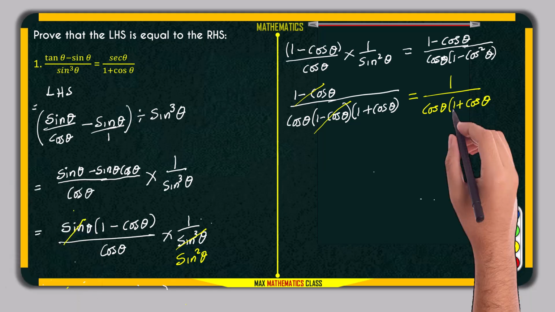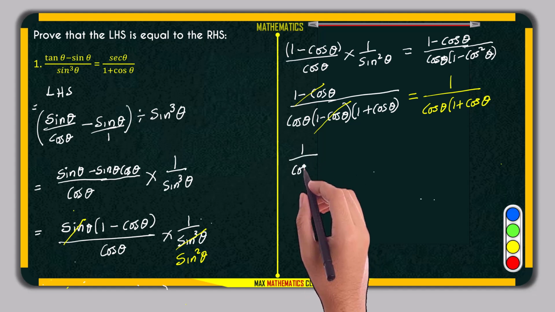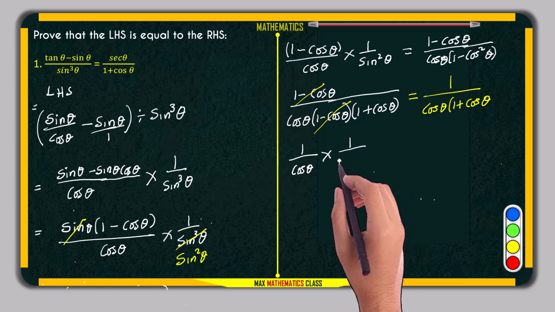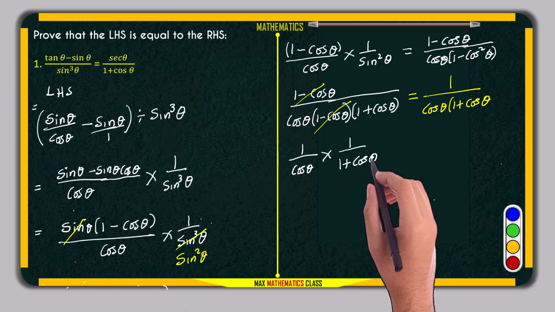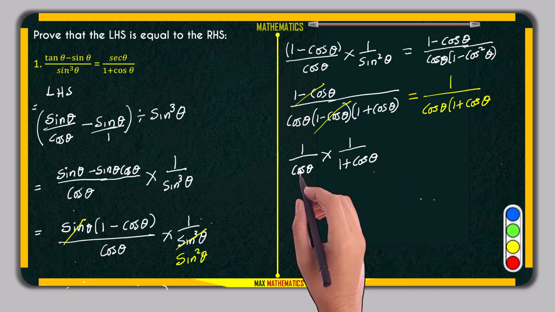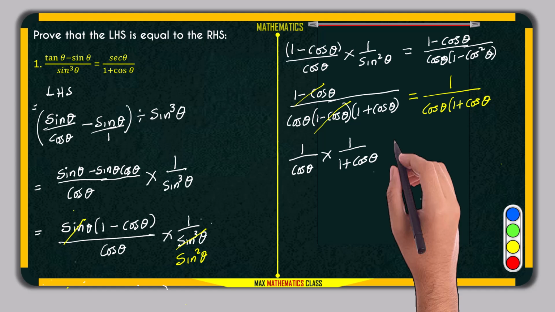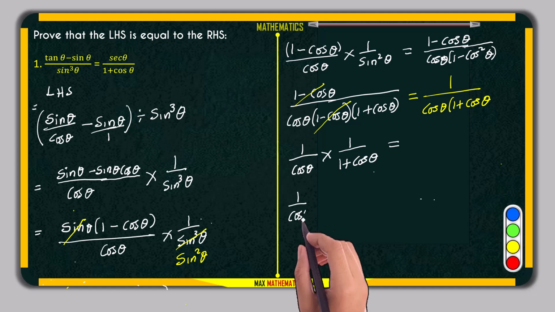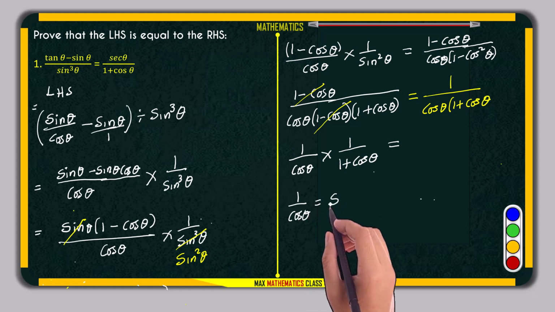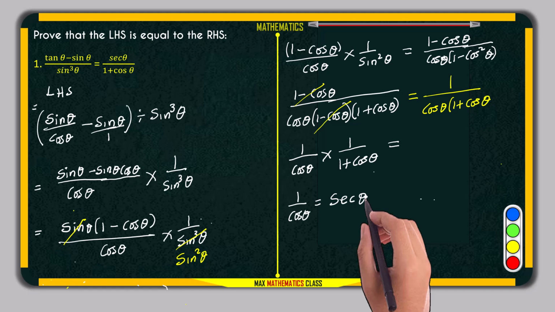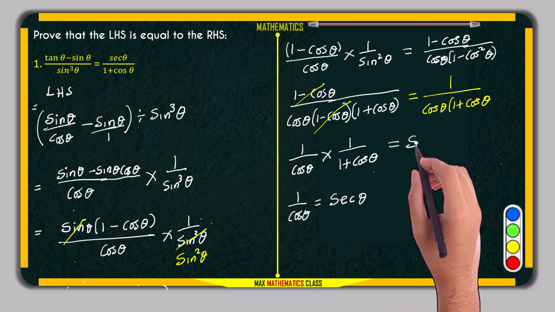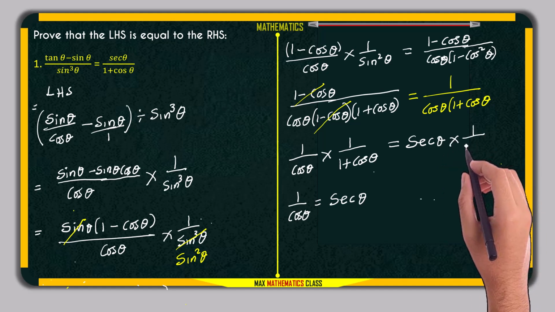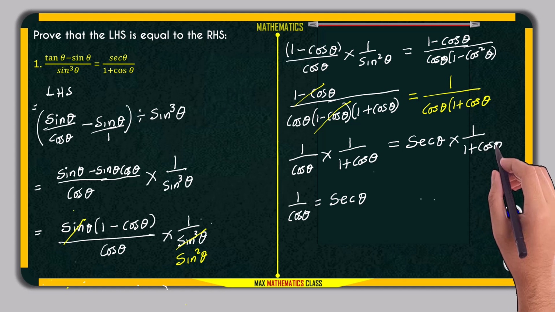Now this can be expanded as 1 over cos theta times 1 over 1 plus cos theta, so that this will become sec, one of the reciprocal identities. 1 over cos theta is the same thing as sec theta. So here now we are going to have sec theta times 1 over 1 plus cos theta.